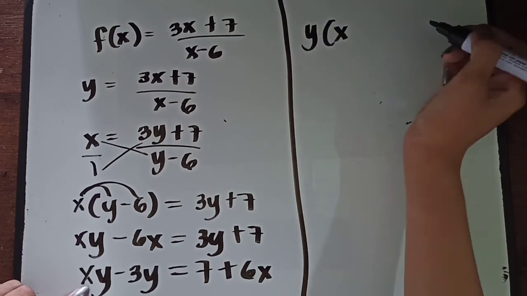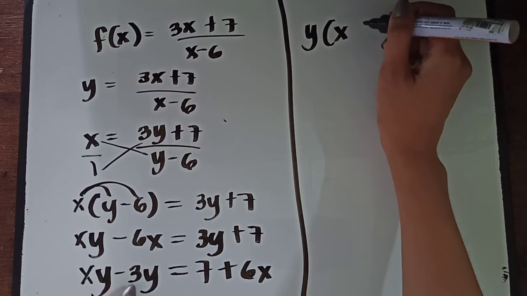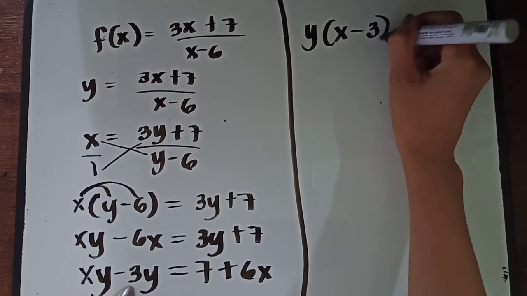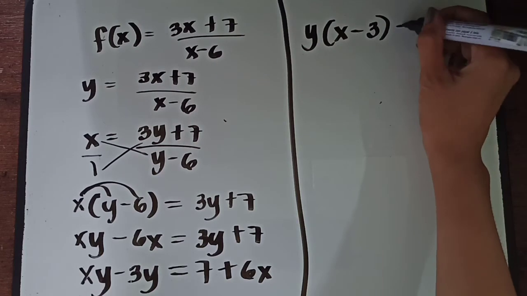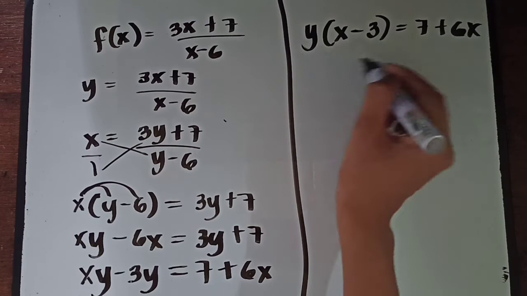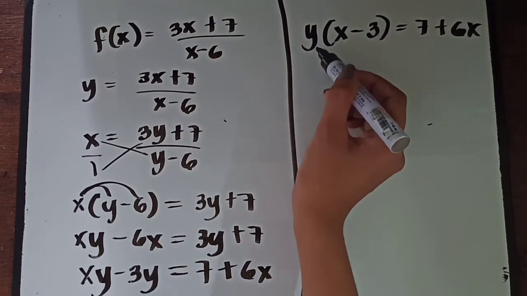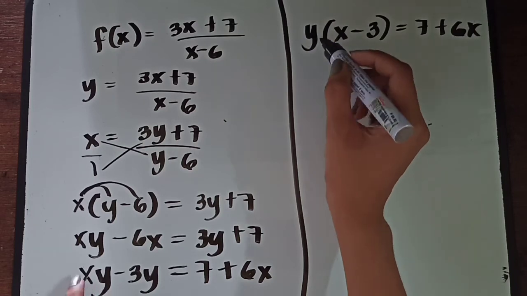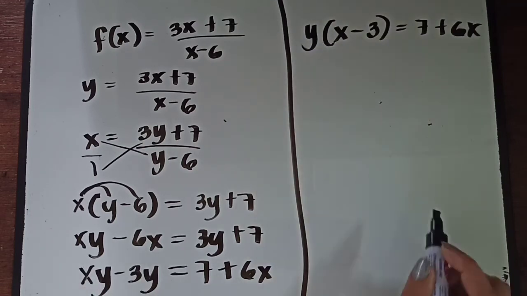Matitira na lang ay x. Okay? Nilabas ko si y. Ano na lang yung natira? Ang natira na lang ay negative 3. Okay, so that is equal to 7 plus 6x. Again, bakit po nagkaganito? Finactor out ko lang si y at kinuha ko kung ano yung natira sa bawat isang term.